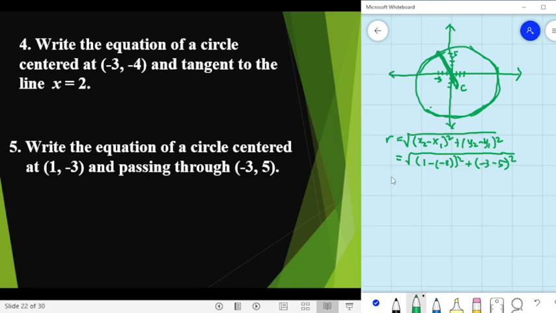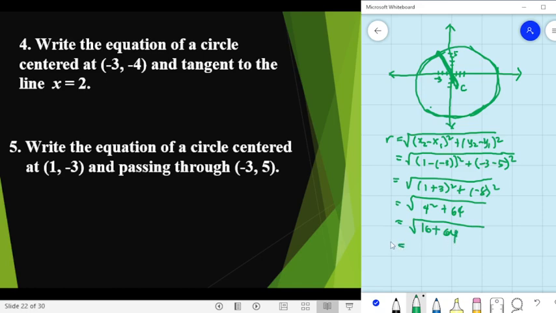Okay? So this would be equal to the square root of quantity 1 plus 3 squared plus -3 minus 5, which is -8 squared, which is the same as 1 plus 3 is 4 squared plus -8 squared. 4 squared is 16, and -8 squared is 64. Okay, 16 plus 64.